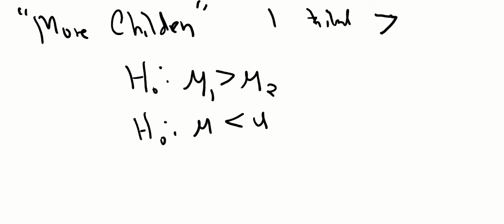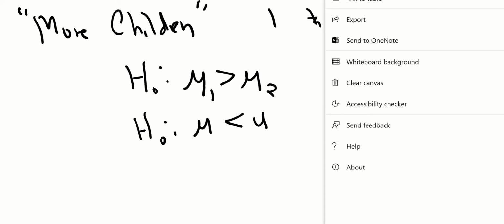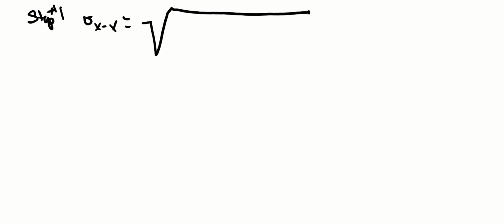So there's a different formula. It's the same basic process, it's just you have to incorporate more numbers. It's still just basic math, right? So the formula for this is this formula. It's still step one and step two. Step one, we find the pooled standard error. For this particular one, it looks kind of big and nasty, but it's not really that bad.